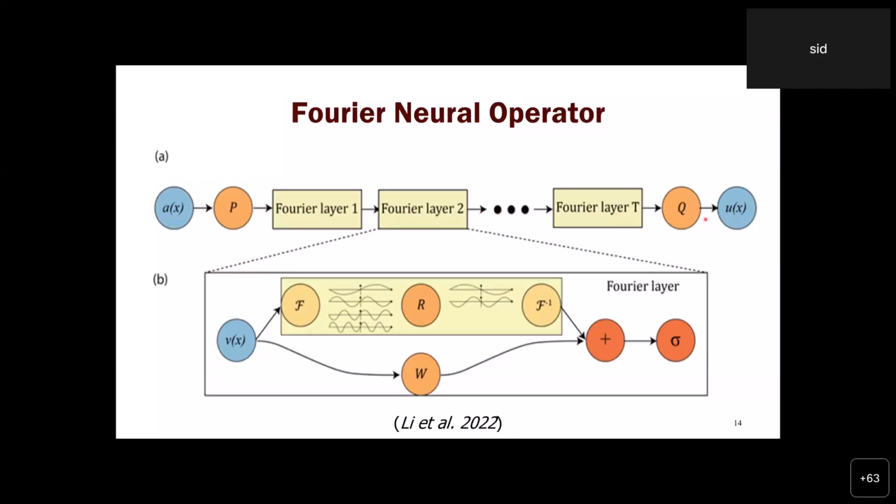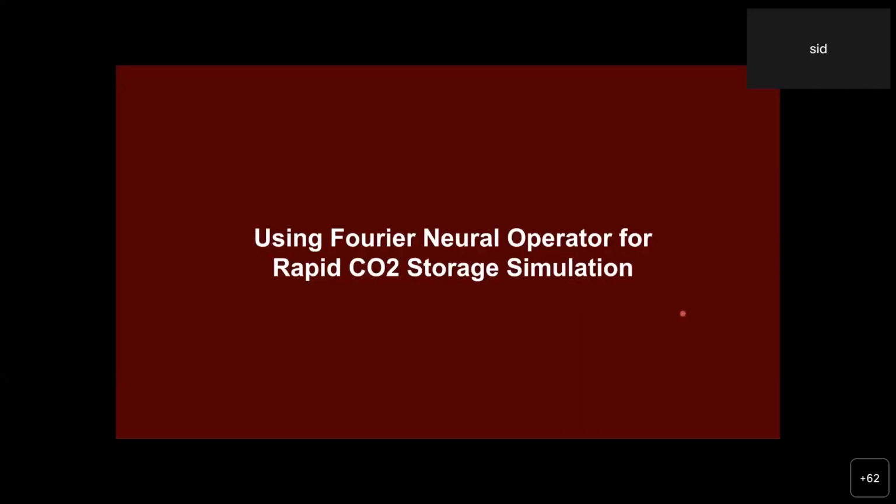Then there is another network that brings all this information down into a lower dimensional representation, which is the output solution that we need. Inside each Fourier layer, as I mentioned, we have a transform followed by removal of high frequencies, and then an inverse transform. There is a ReLU or a nonlinear activation function that ensures that this entire Fourier neural operator can learn all the complexities present in the data.